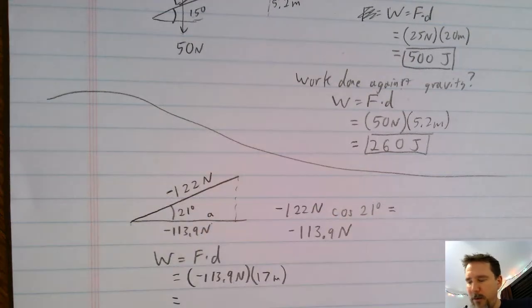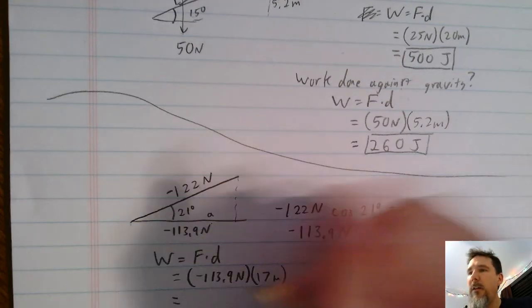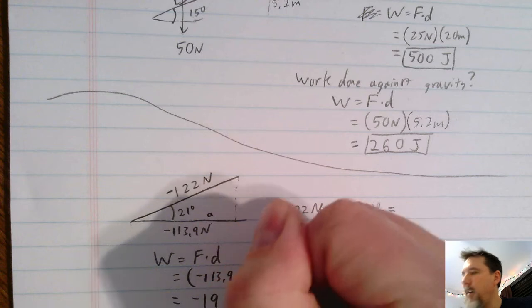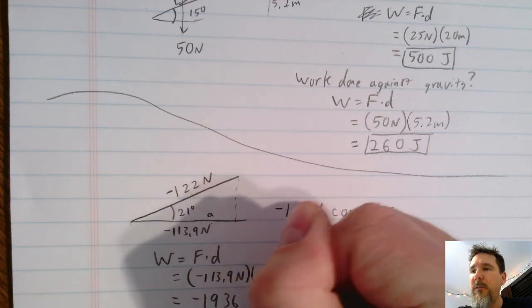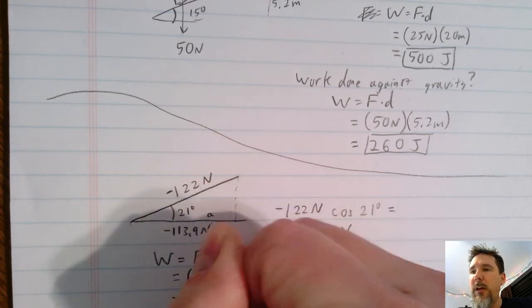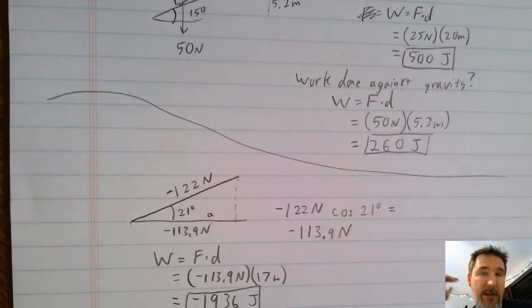And so our final answer is negative 1936 joules. Okay, and it's negative because she's working against the direction of the dog. She's pulling against it. So it's negative.